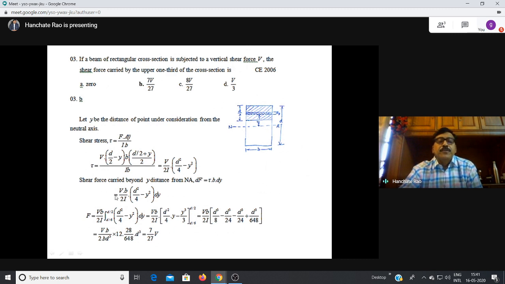What are the limits? y is equal to D by 2 to y is equal to D by 6. If you just integrate this, you are going to get the answer. Integration is always best for this problem.